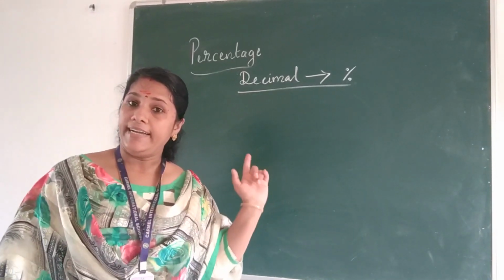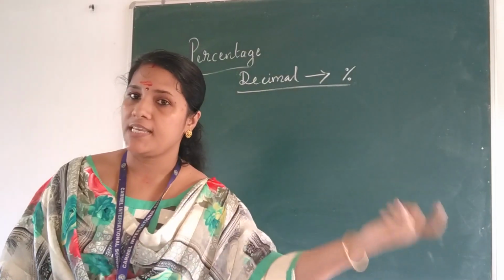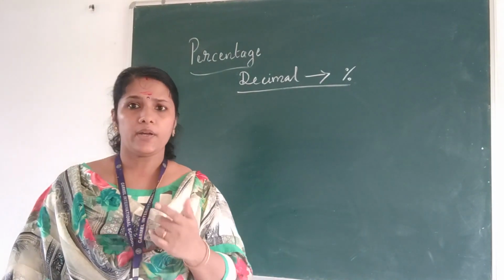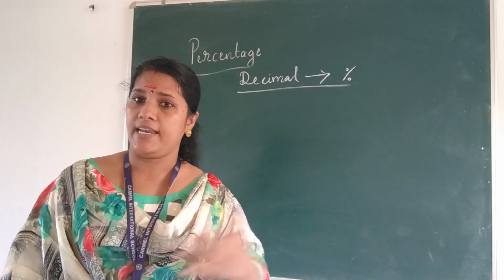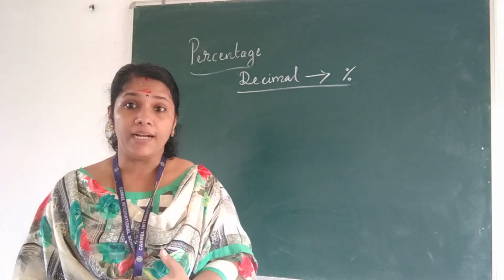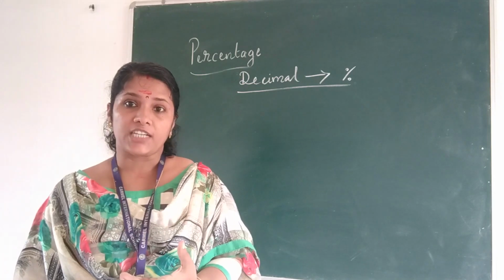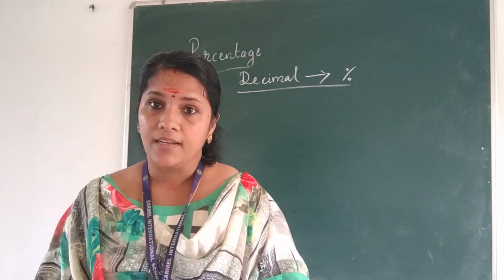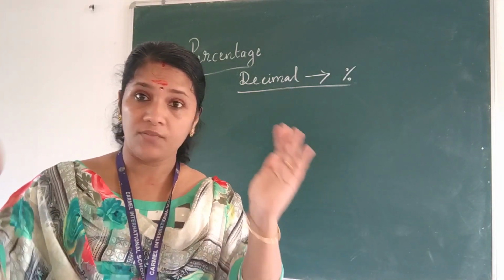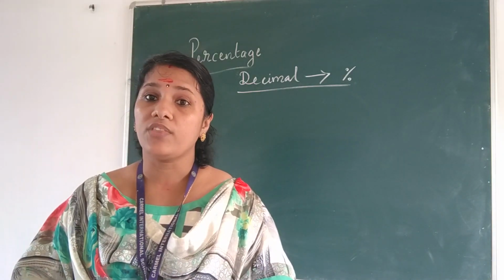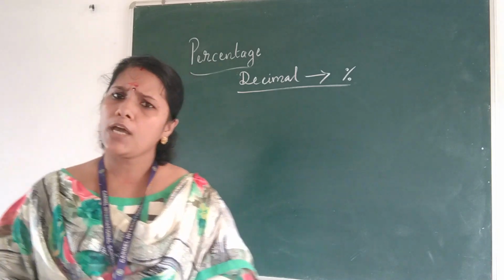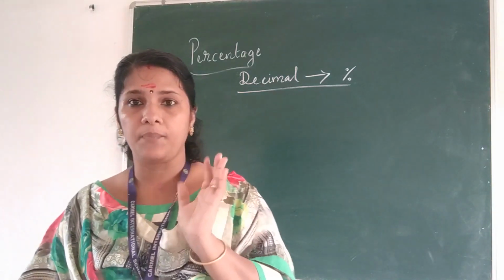Let's convert a decimal into percentage form. Do you remember how we convert a fraction into percentage? We just multiply the given fraction by 100 inside the bracket, and just give the sign of the percentage, right? Here also we are going to do the same thing.